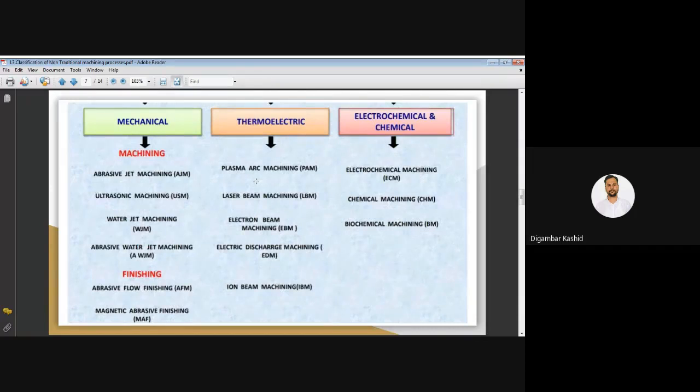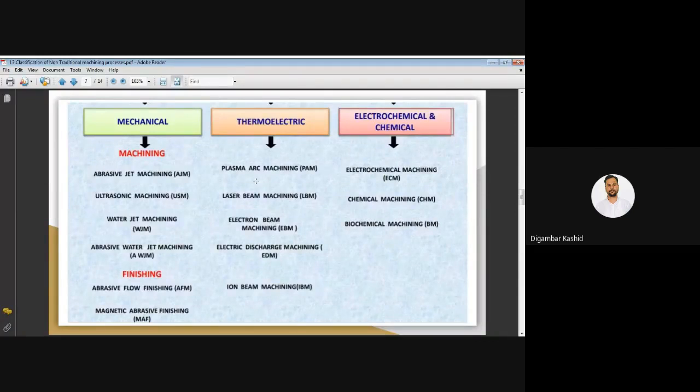But important is that none of these processes is best under all machining conditions. Due to this, we have a classification based on the properties of your workpiece. So please remember that none of these processes is best under all machining conditions.